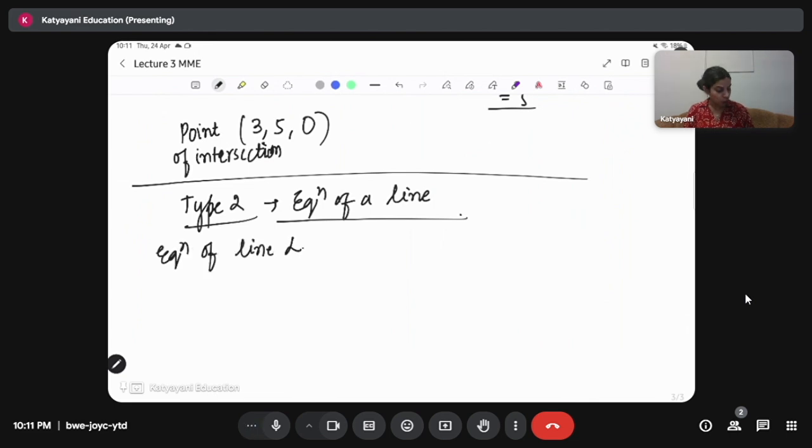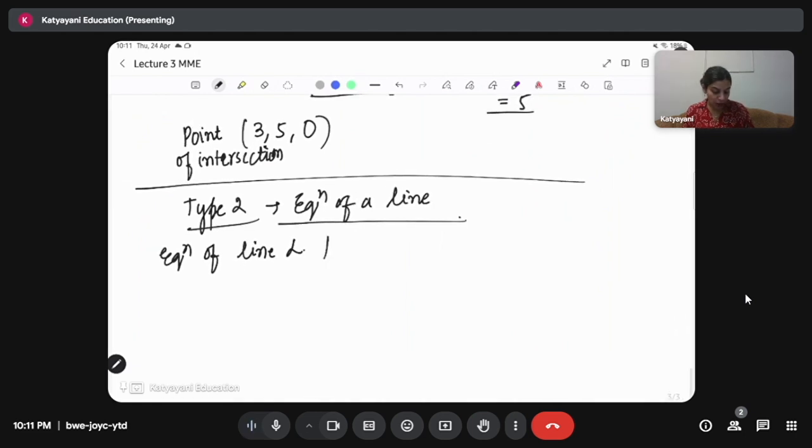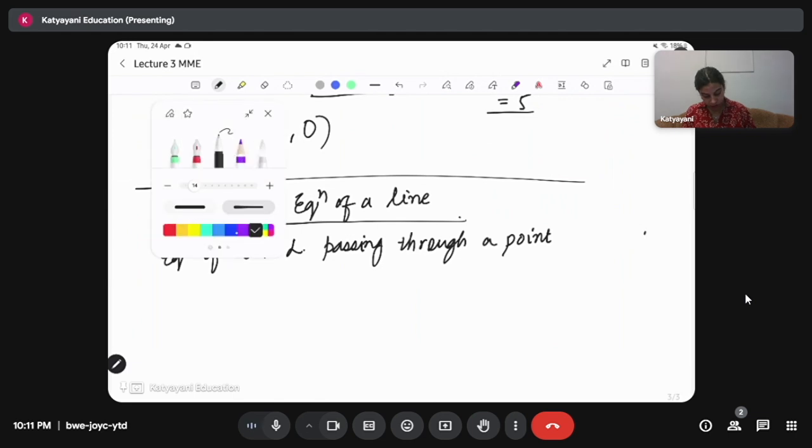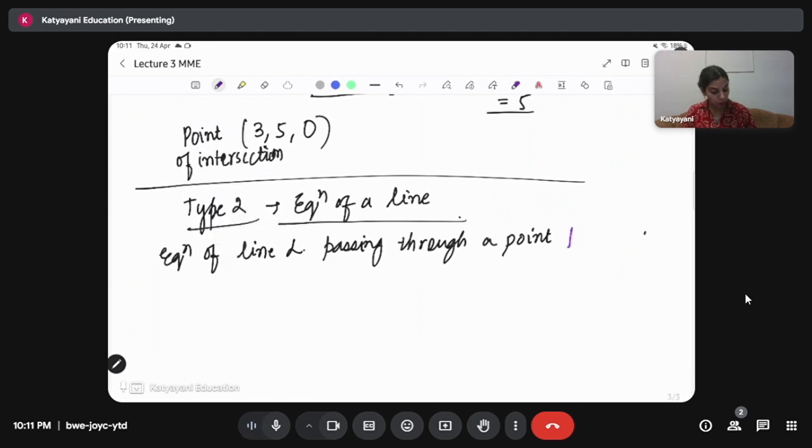Let's call that line L. Equation of line L, which is passing through a point A, and that A is say A1, or let's say passing through the point P, right? For uniformity with your book, let's call it passing through the point P, where P can be P1, P2, P3, right?